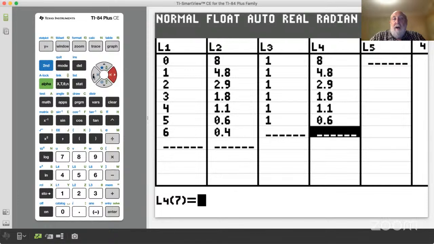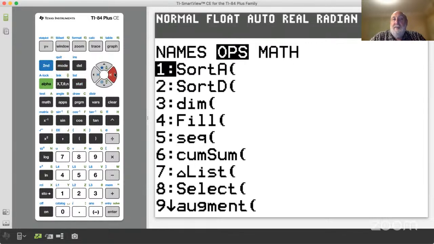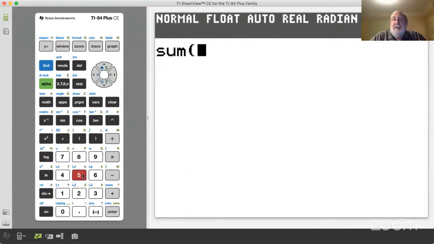And to do that left Riemann sum, we just want to multiply these increment values, the 1s, times these values and add them all up. So I'm going to quit to my calculator screen, and we'll go to the list math. You'll see number 5 there is sum.